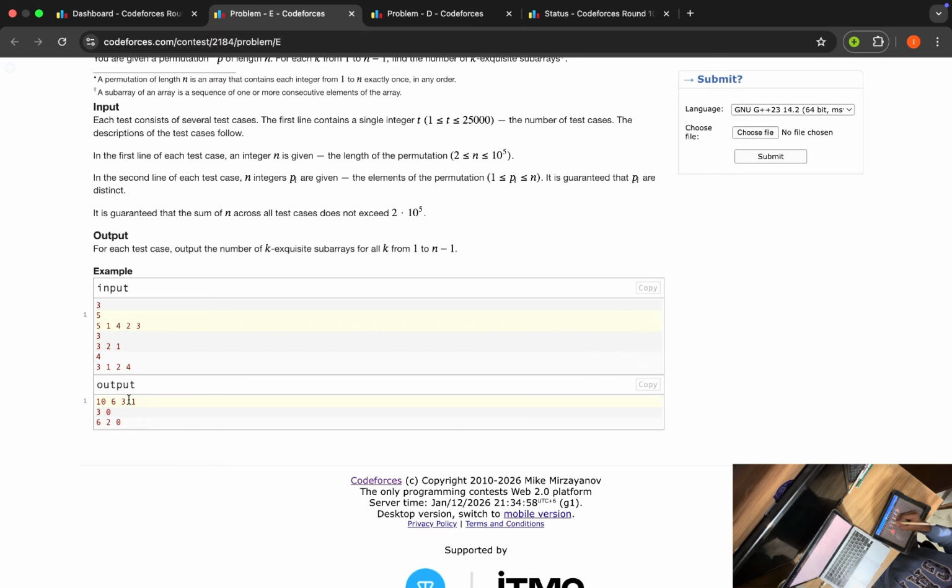Okay, its contribution is 5, 5, 4, 3, 2, 1, 0. Is it 0? Yeah, 0. So value should be shifted, I guess.